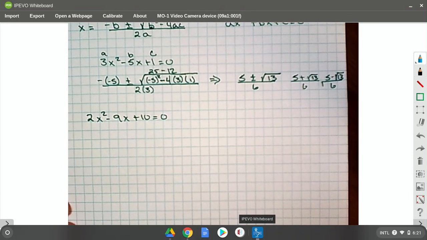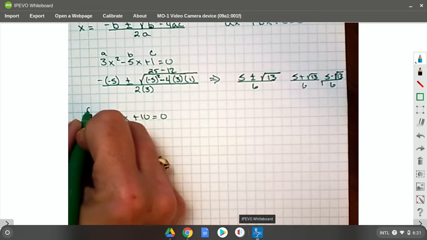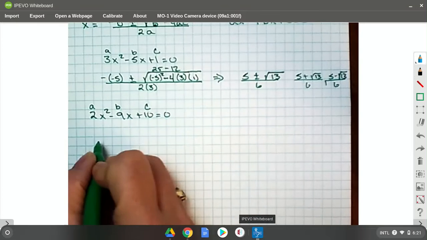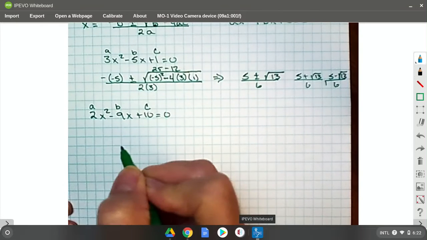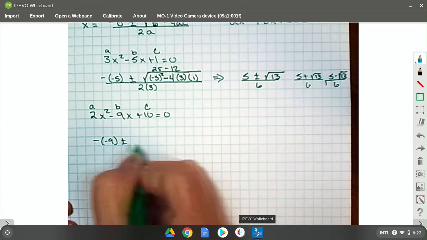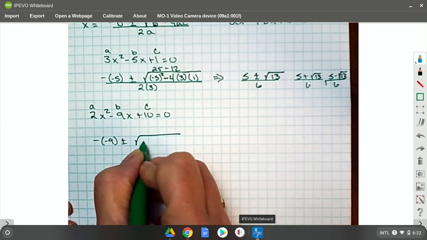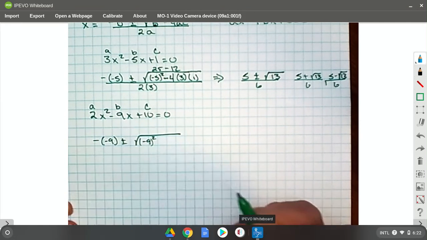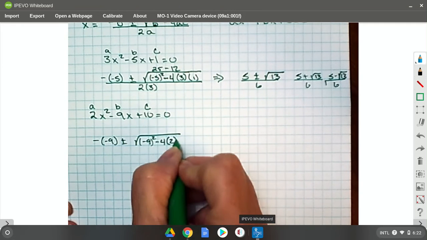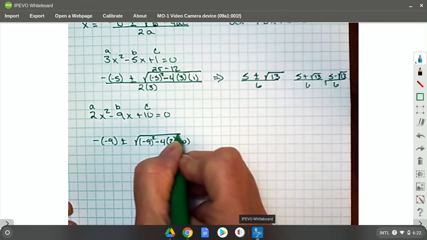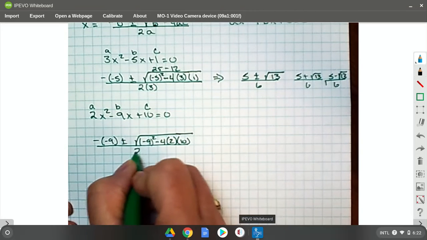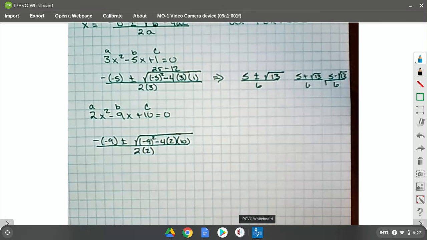A, B, C. So again, I have negative 9 plus or minus the square root, negative 9 squared minus 4 times 2 times 10 all over 2 times 2.